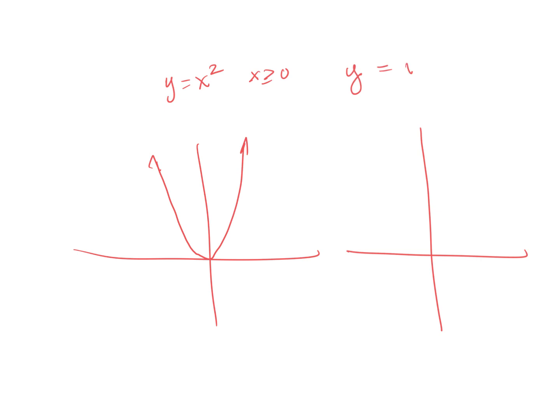And then the inverse would be the square root of x and look like this. If I just switch the whole x and y, then it would look like this. And that is clearly not a function because it doesn't pass the vertical line test, right? So we would have to limit its domain here in order for it to have a proper inverse there.